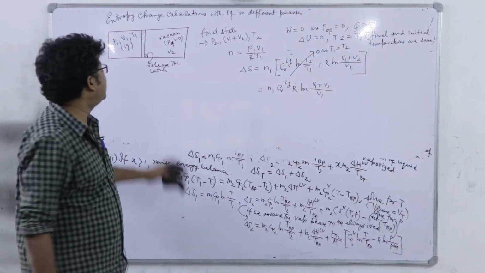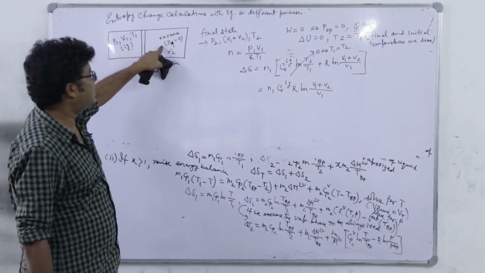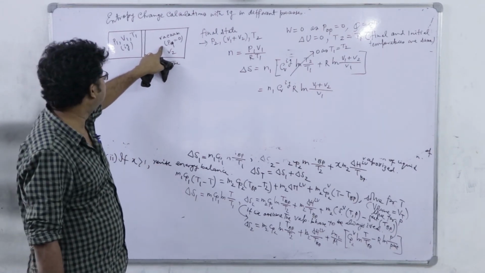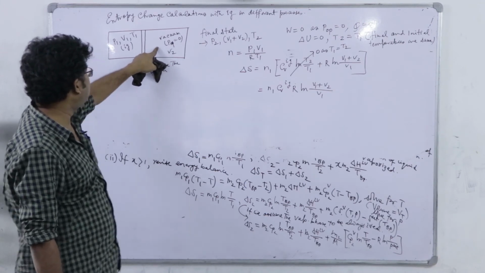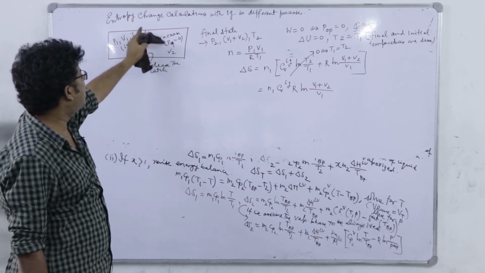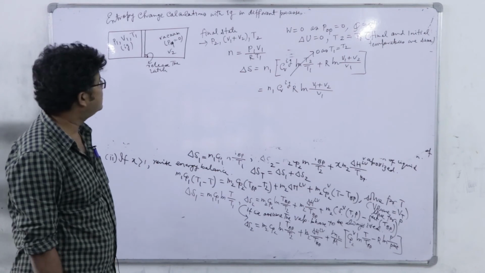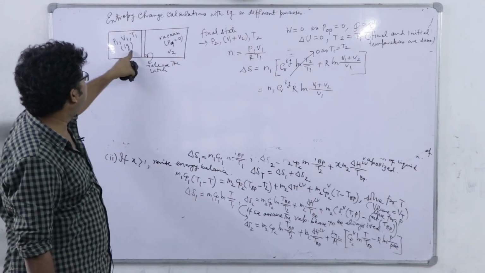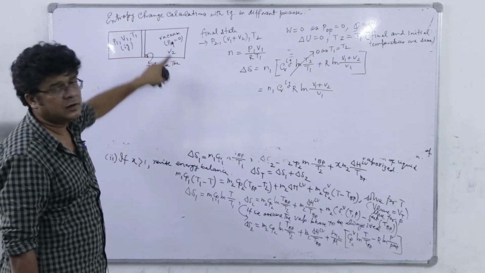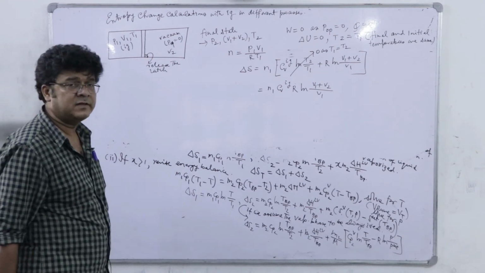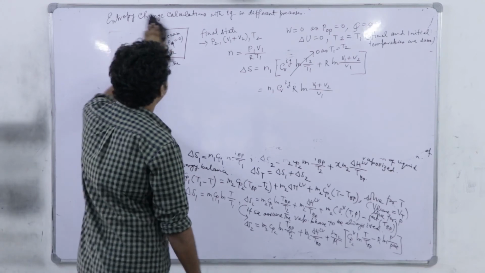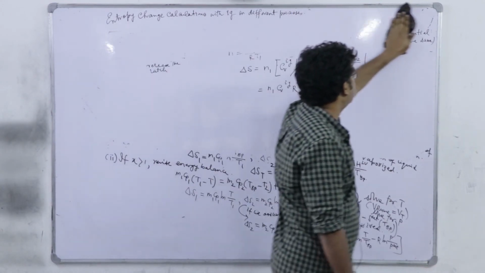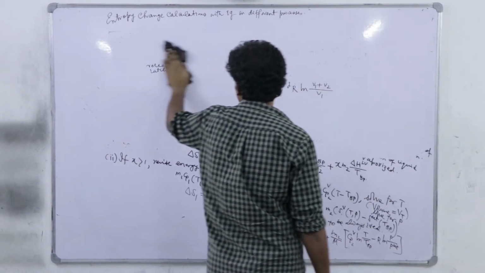The next case will be, if I have the same ideal gas with different pressure, volume and temperature on this side and I am removing the partition. What does it mean? That means if I have oxygen here, this will also be oxygen, no different species, same species. So for that, what will be the entropy change, that we have to calculate.